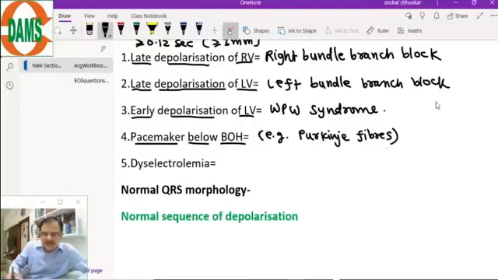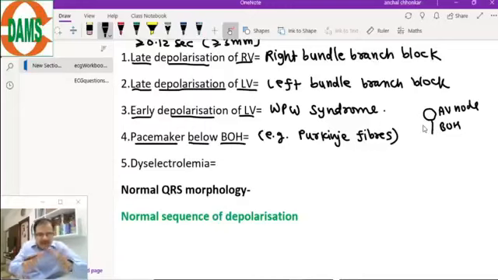So say this is the AV node, and this is the bundle of His. Remember, if the impulse is coming from the AV node and bundle of His, it will spread to both ventricles simultaneously, and both ventricles depolarize simultaneously, QRS normal.